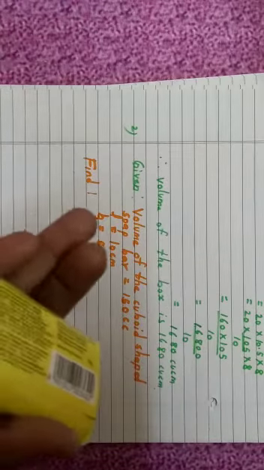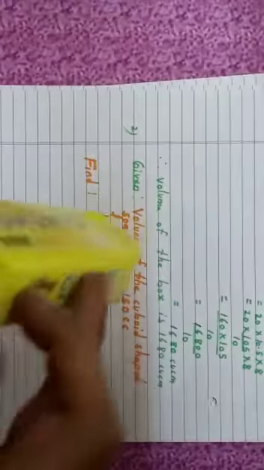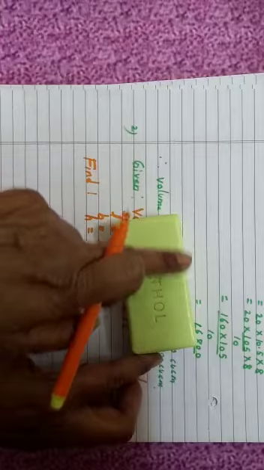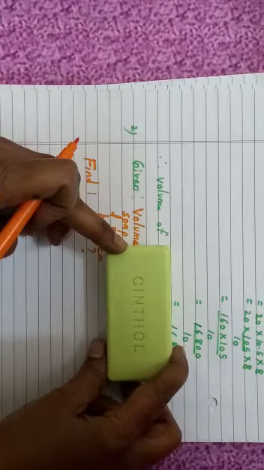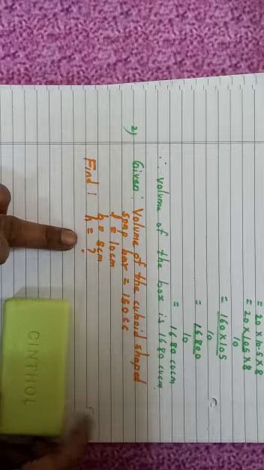Now why I have taken this: see, this soap is a cuboid shape. I'll just remove the cover and show you how exactly it is a cuboid. See here, isn't it a cuboid? This is the length. This is the breadth. And this is the height. So now you have to find the height of it.